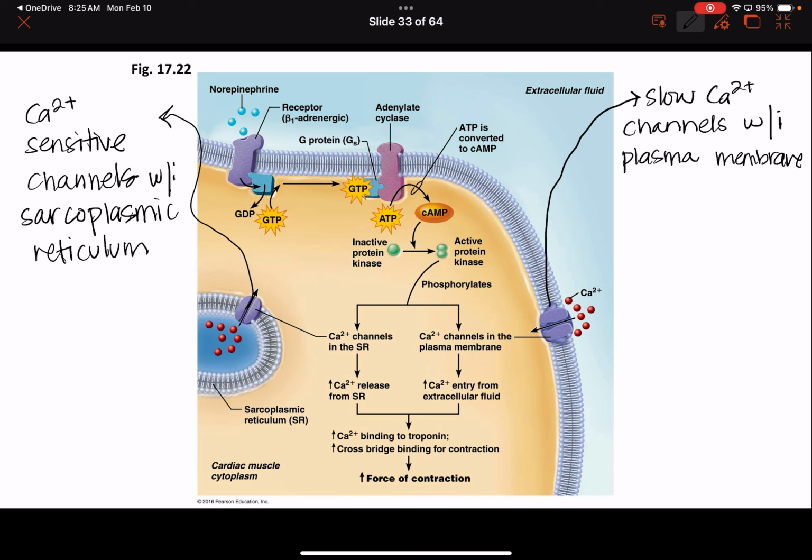And what's unique about these two sets of channels is that the slow channels allow for 10 to 20% of the calcium needed for contraction.